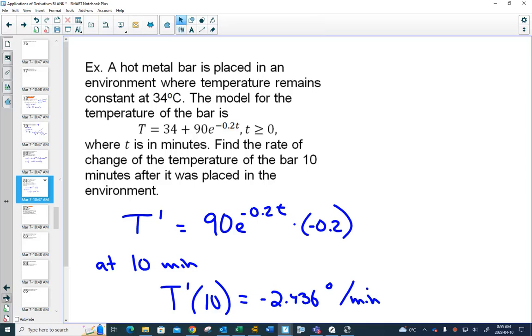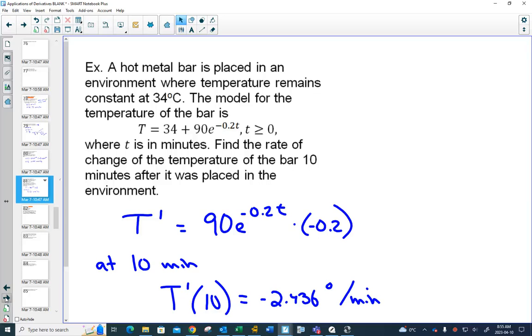And this is actually one of the places that exponential functions get used. If you have a warm object that you bring into a cooler room, it will start to cool. It won't stay at that temperature. And its rate that it cools off will follow an exponential equation.